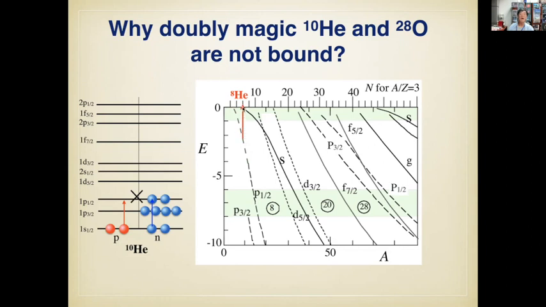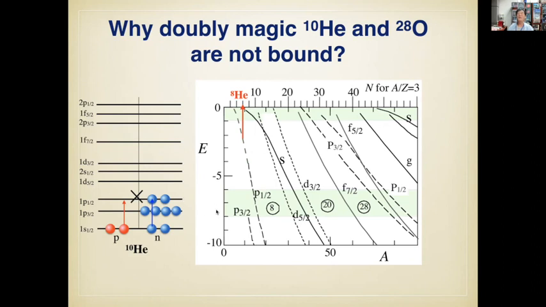Then you go up here and it becomes unbound. By losing this tensor energy, if you put a nucleon here, it goes up and you cannot make a bound state.